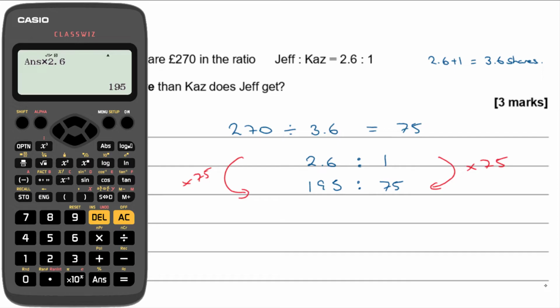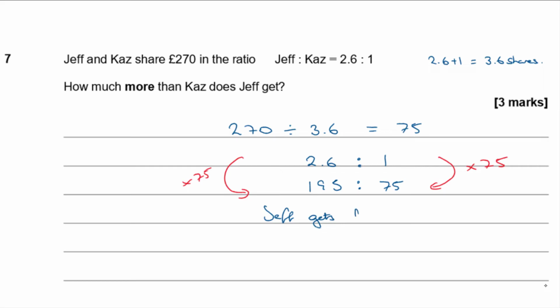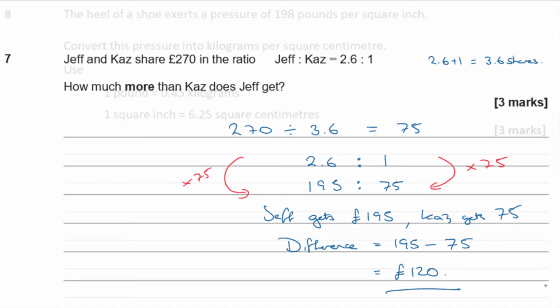So that means Jeff gets £195 and Kaz gets 75. Okay, so the difference then is going to be 195 minus 75. What's that? Is that 120? It's 120 pounds.